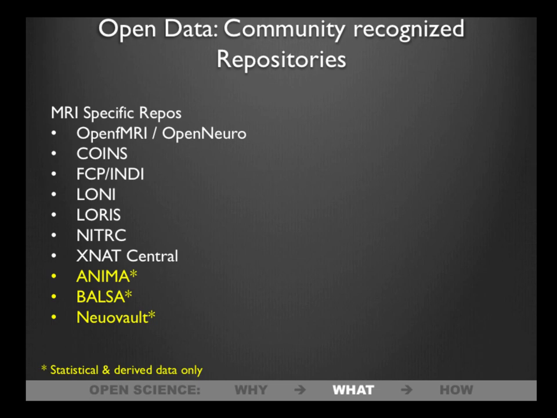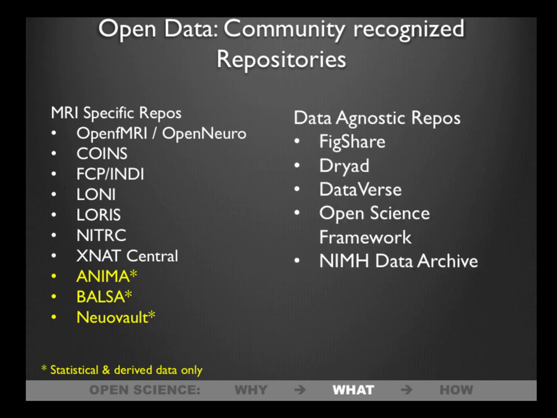But if you are not doing brain imaging, if you're doing some other kind of science that maybe you think doesn't fit as well into one of these MRI-specific repositories, there are also other options, data agnostic repositories. They include Figshare, Dryad, Dataverse, the Open Science Framework, or even our very own NIMH Data Archive.